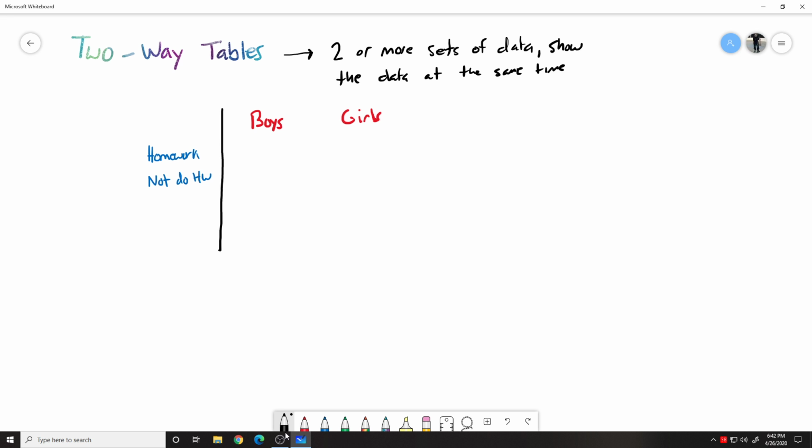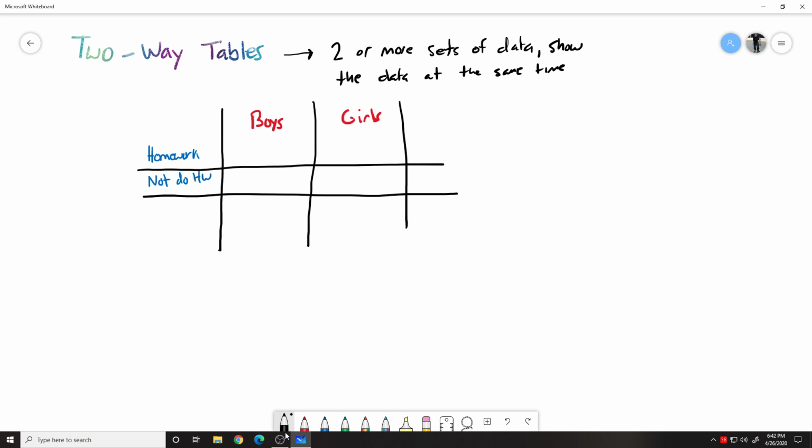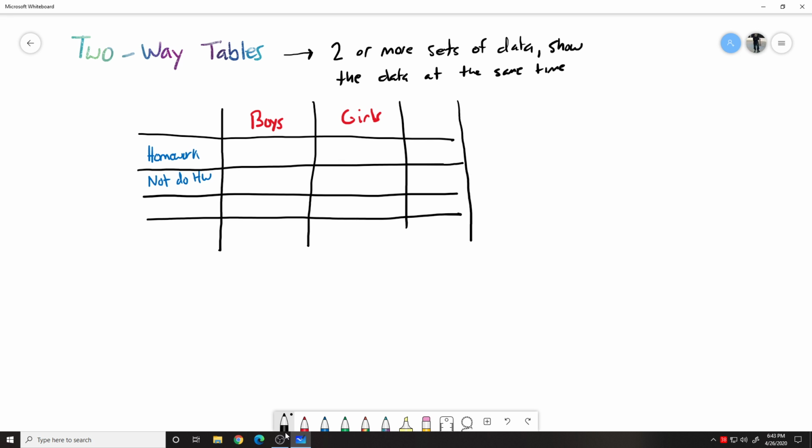So we're going to construct a little table here. Just a real basic table. And on the bottom, we're going to do one more row here.